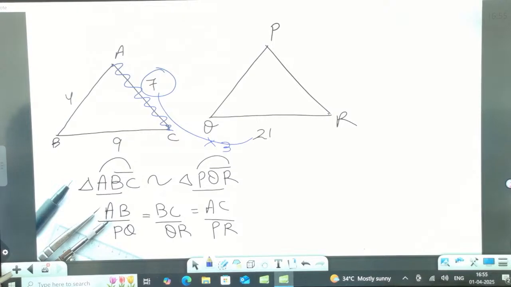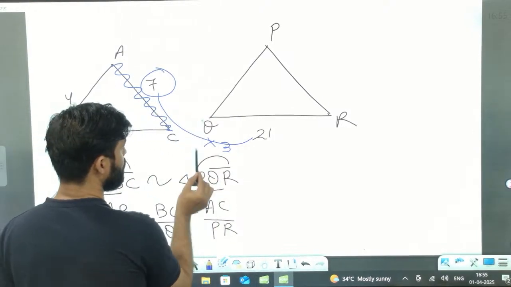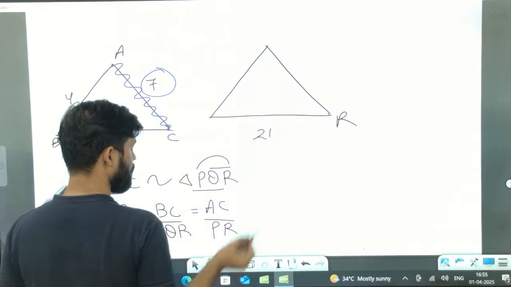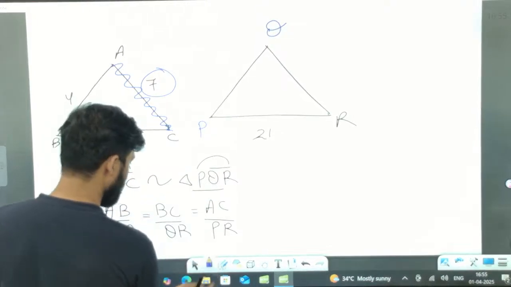ABC is similar to QPR. What did I say? PQR. Correct it. Sorry. ABC is similar to QPR. So we have to change now.